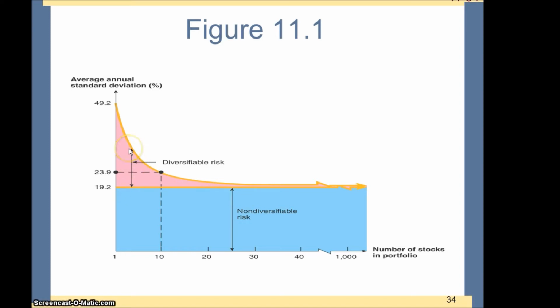That is the stock-specific risk. But if you increase the number of stocks to 40, then there's only a little diversifiable risk that you need to face. But the non-diversifiable risk is where you have nowhere to diversify it away. Alright?